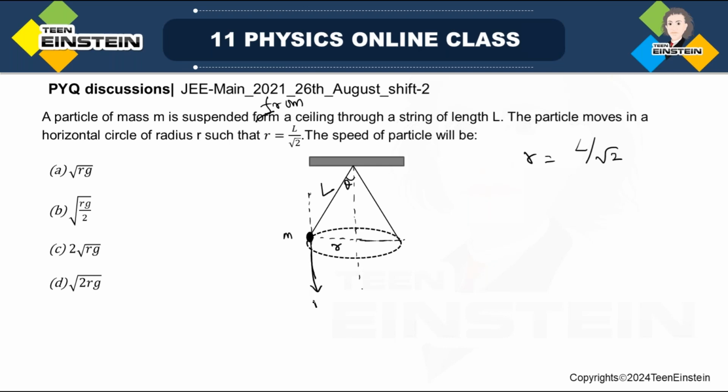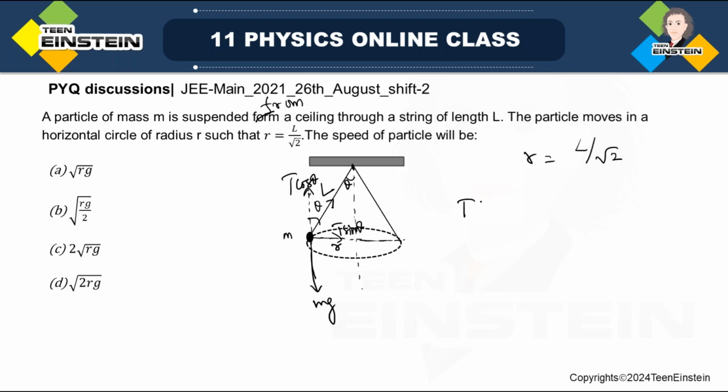So one is mg, which will be acting vertically downward. This is the tension which is acting towards this fixed point of the wire, and if this angle is theta, this is also theta, so I can see that T cos theta will be balancing the weight of the particle, and T sin theta will supply the centripetal force.